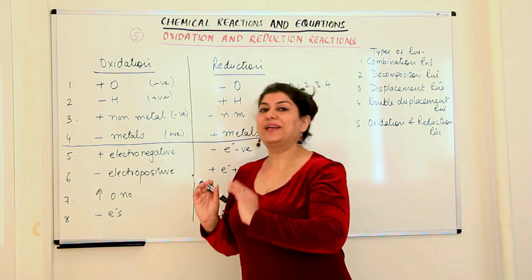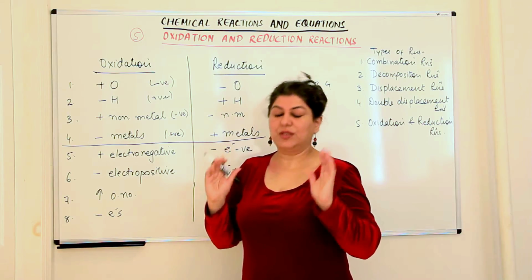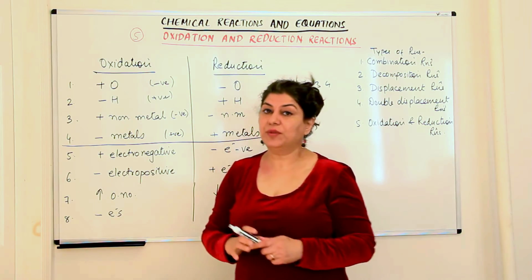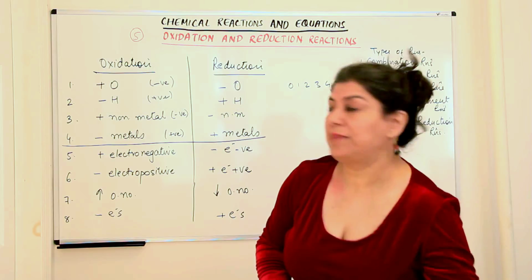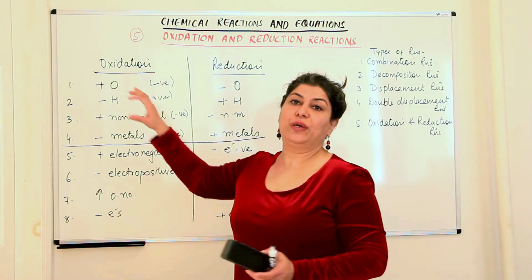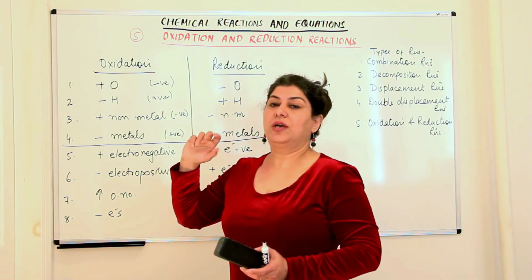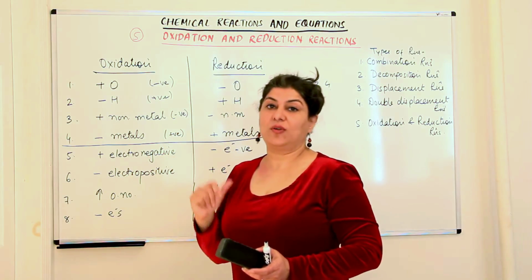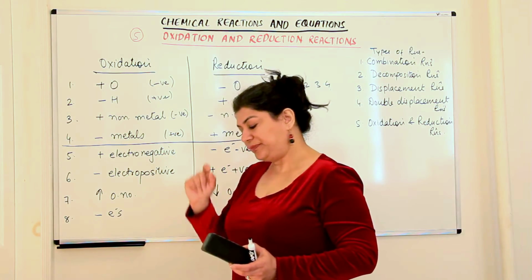So there we depend on more than one definition. This will become clear to you when I start solving the problems on this. So let me just write down a few equations whose oxidation we would identify, what is getting oxidized and what is getting reduced.